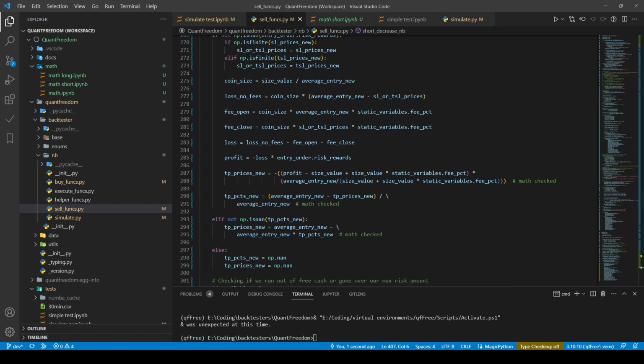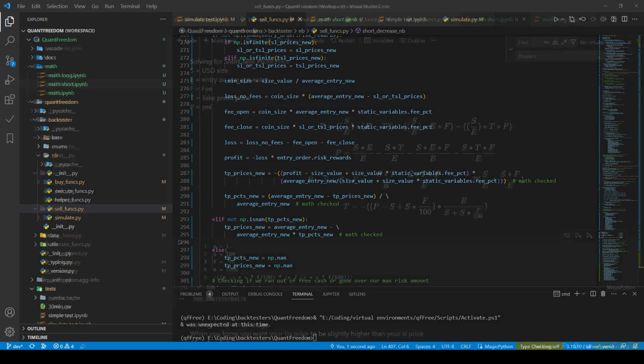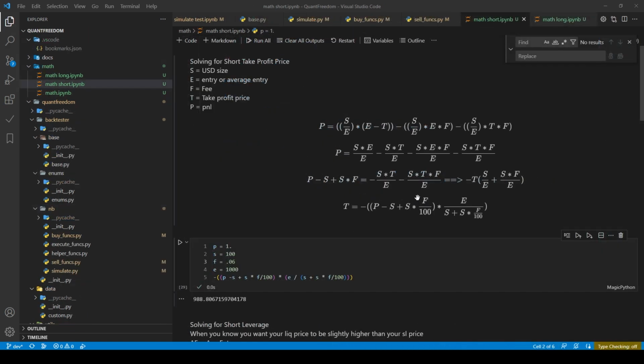Oh, so let's see the take profit prices for shorts. So we have the profit minus the size value plus the size value times the fees times the average entry new, divided by the size plus the size value times the fees. I don't know, man. Just looking at this section divided by this section, I feel like this should cancel out because it's the same exact thing.